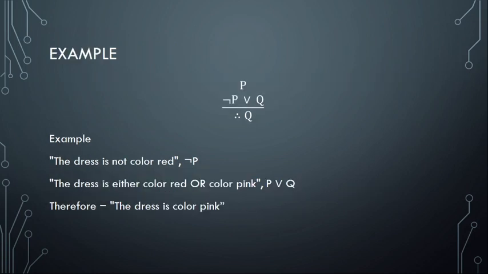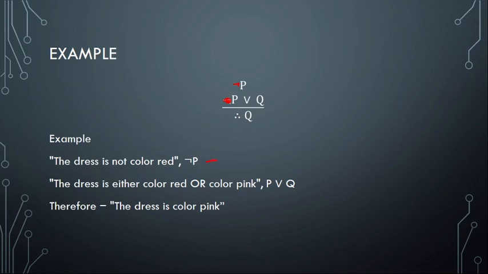Another example, again, not P, then P or Q are the two premises. The dress is not color red.